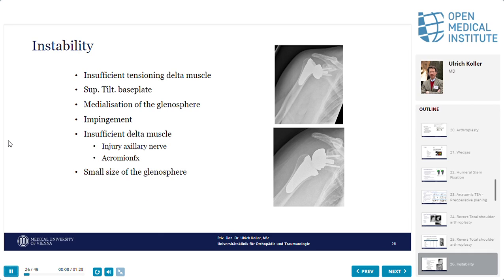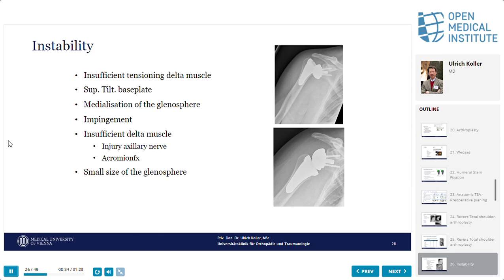In this case, the shoulder was very stable when we finished the surgery, and when he came back with a luxation, I did not see a reason why. Afterwards, you see the configuration looks very much the same.